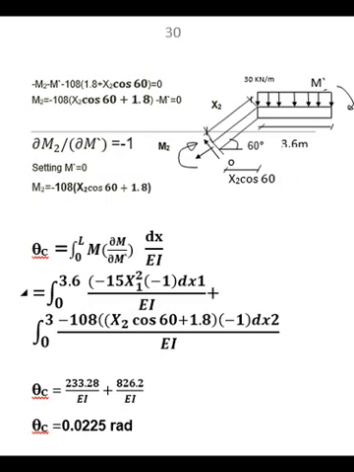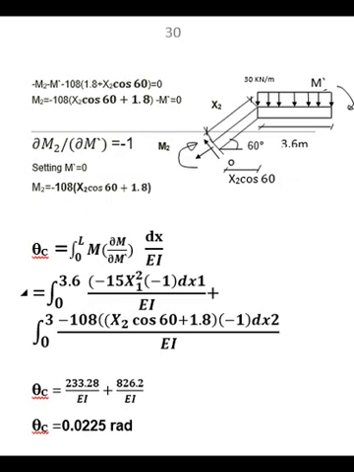Then we will apply Castigliano's equations to find the rotation at point C for the two segments x1 and x2.